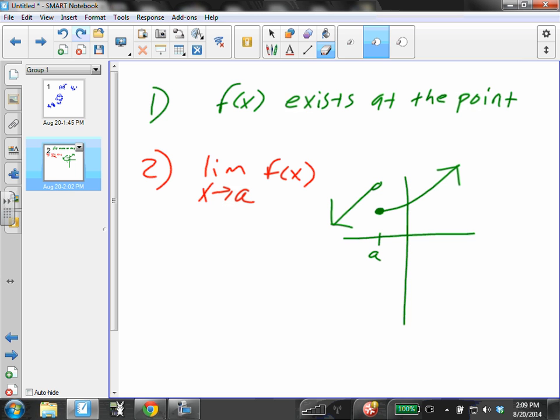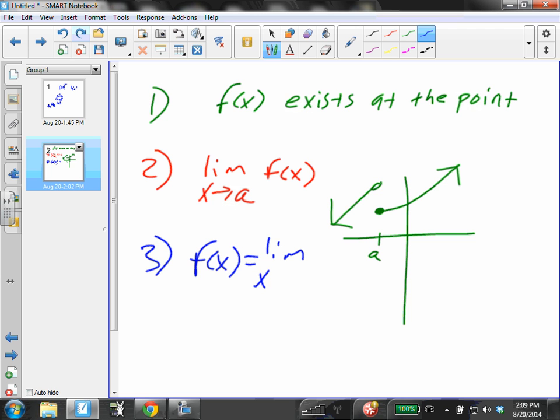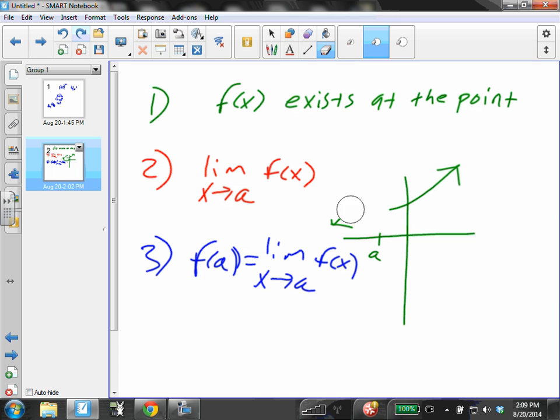Okay, so that is option number two, right? Then the third thing we have to show is that the function is equal to the limit. Let me call this A, right? F of A. So the function at the point A has got to be equal to the limit at the point, because we're trying to eliminate something like this from happening.